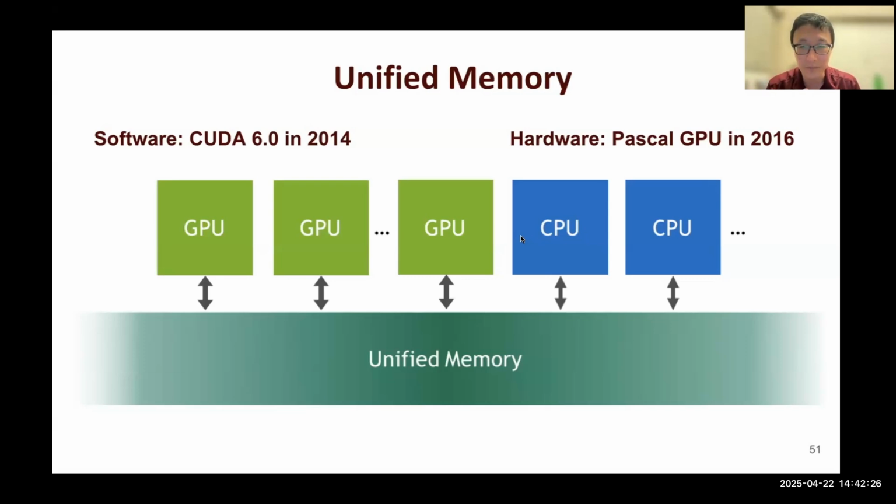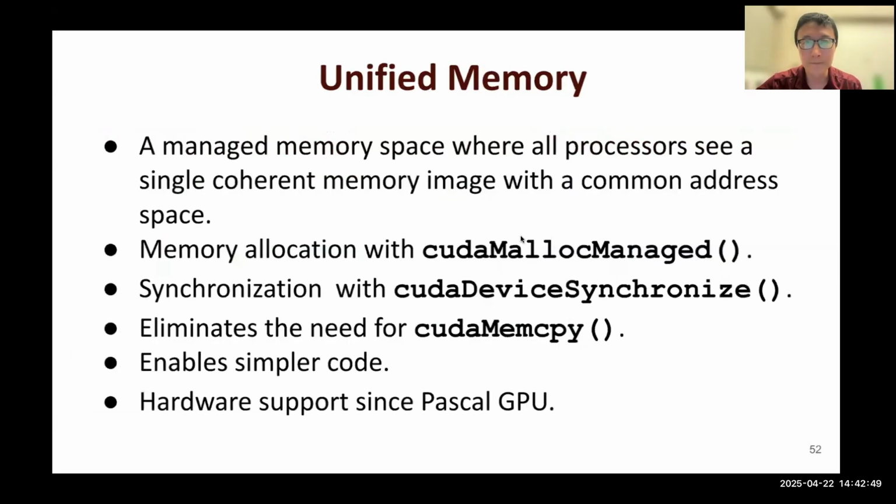It has hardware to detect any memory access for the unused memories, and then it gives you a page fault. The page fault will trigger some other actions, etc. So this hardware support is much more efficient than doing software checking for the unified memory.